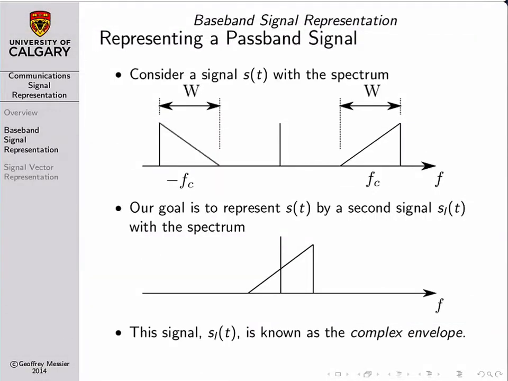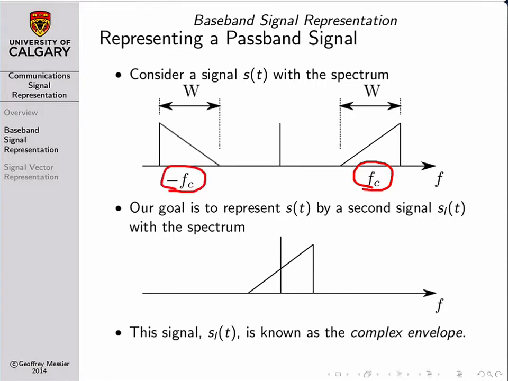So let's start by considering a passband signal s(t). A passband signal has a spectrum with a certain bandwidth, W, centered at some frequency offset Fc. We call Fc the carrier frequency of the signal.